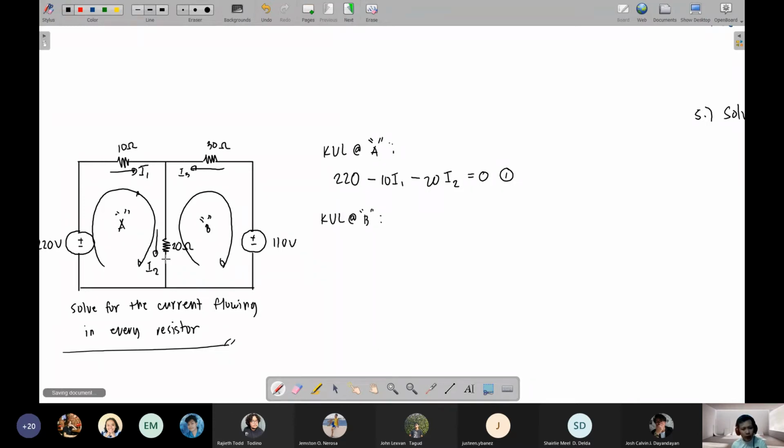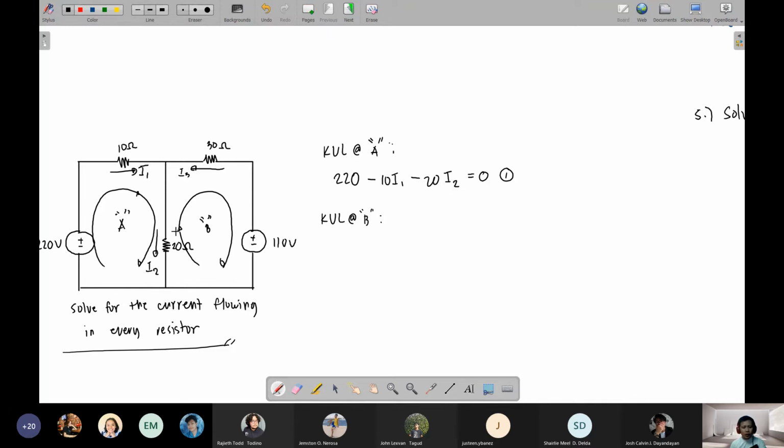For loop B, again, starting with the tail part, loop B flows through the 20 ohm resistor. Its direction is going upward, but the current on the 20 ohm resistor, which is I2, is flowing downward.